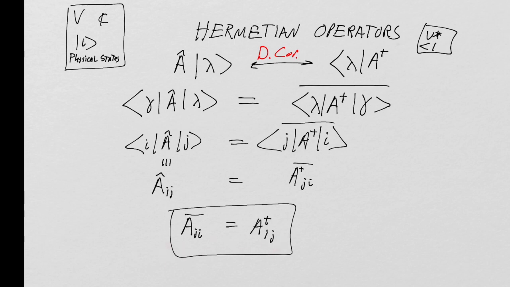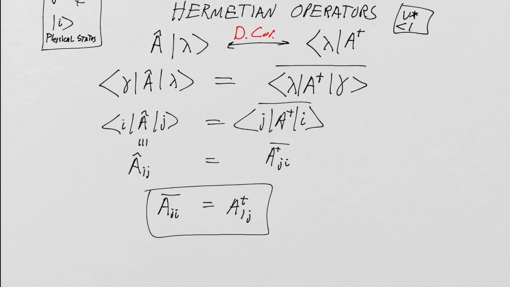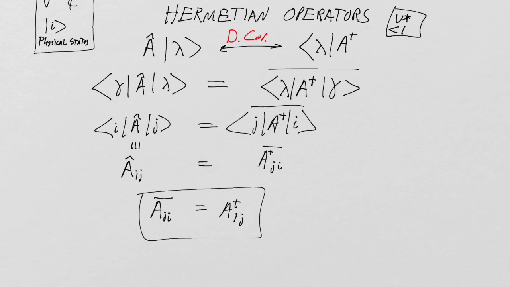Anyway, this is the point about the definition of a Hermitian operator, about the definition of the Hermitian adjoint. Now the question is, what does it take to be a Hermitian operator? Well, the definition of a Hermitian operator is that the operator equals its own adjoint. So the transpose of every element must be the conjugate of that element.